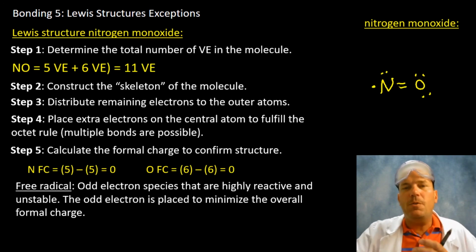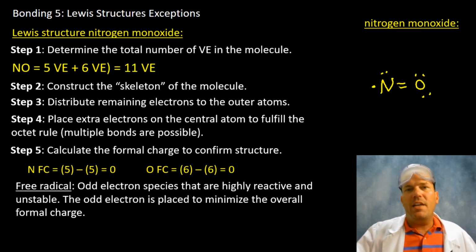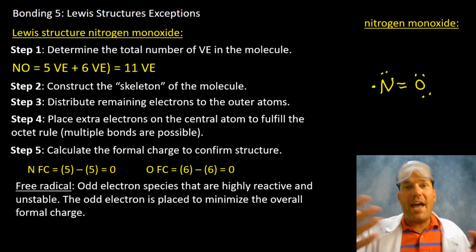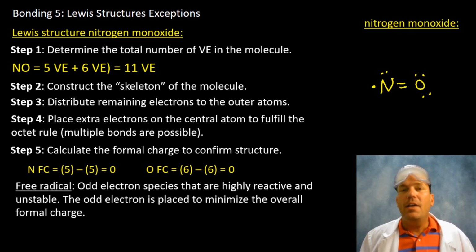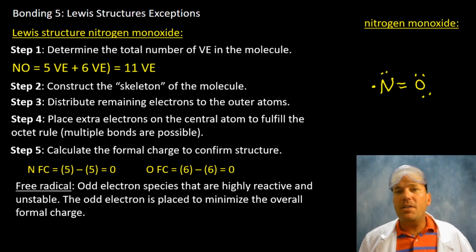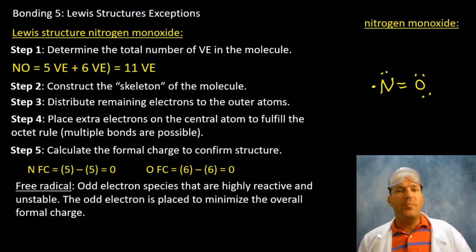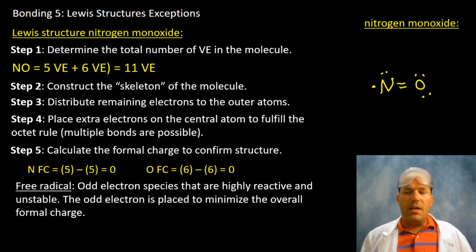Now these species will often interact, or react rather, with other species. Also, I would like to mention, for the case of, say, an incomplete octet, like the boron example I went through, those structures are typically found as intermediates in chemical reactions.